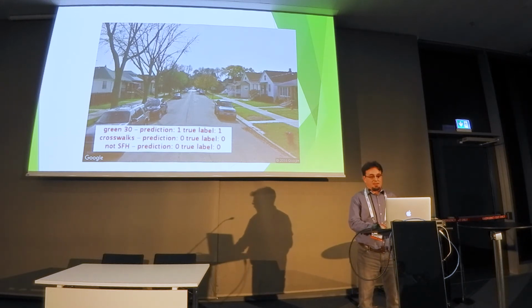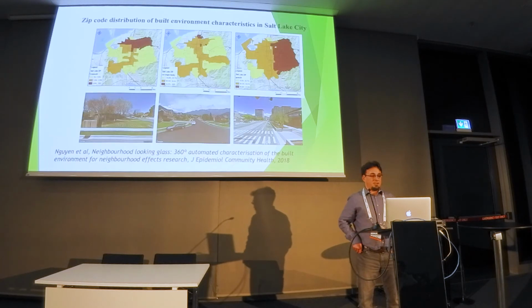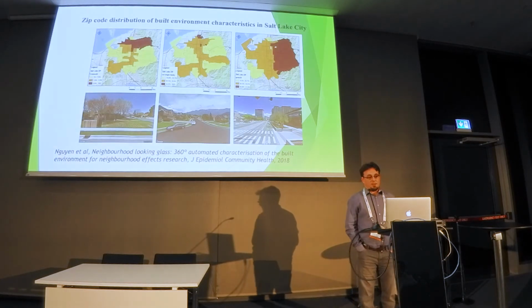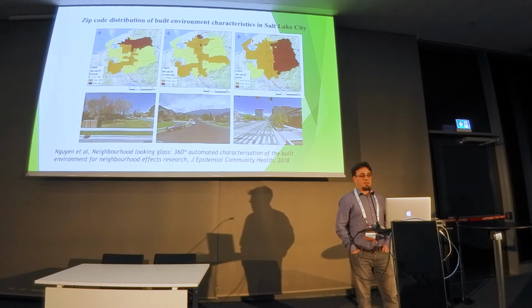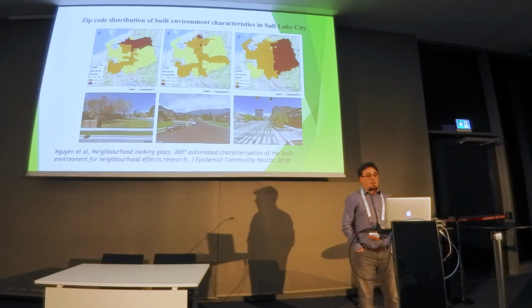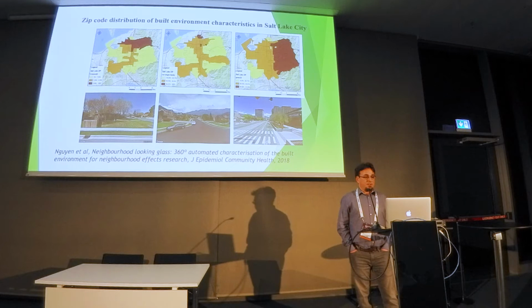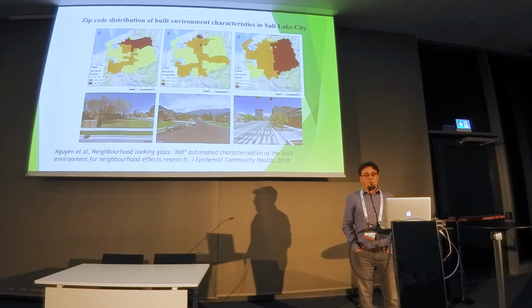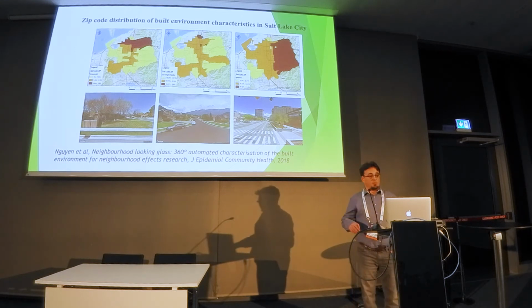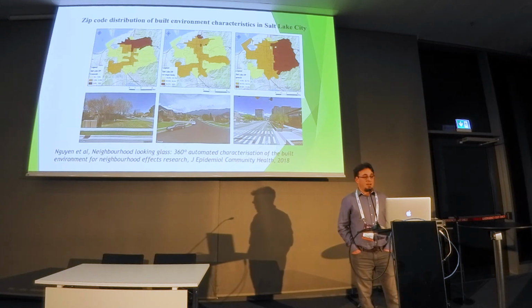Once we validated our accuracies on the test set, we can then deploy this on a larger scale on all those 400,000 images we had collected. So we did that, and then we analyzed the results, for instance, at the zip code level for the different cities. This is showing the distribution of the 3 built environment features for Salt Lake City, showing the different tertiles from light green, the lowest tertile, to red, the highest tertile.